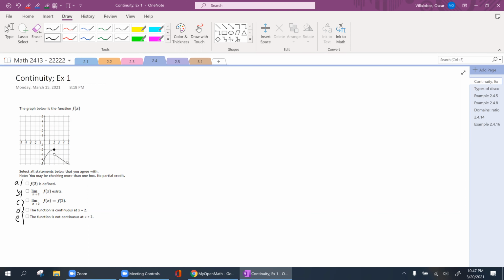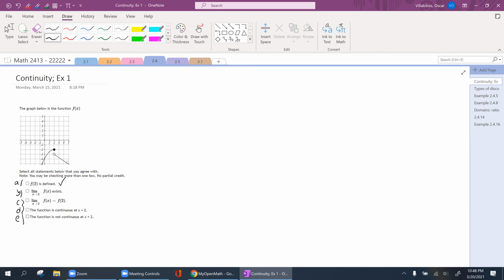We need to find out if f of 2 is defined. That means if you plug 2 into the equation, you're given an answer back. I see that if I plug in 2, there is a solid circle. A solid circle signifies that it is defined. So at f of 2, my value is -2. So I agree. It covers that one.